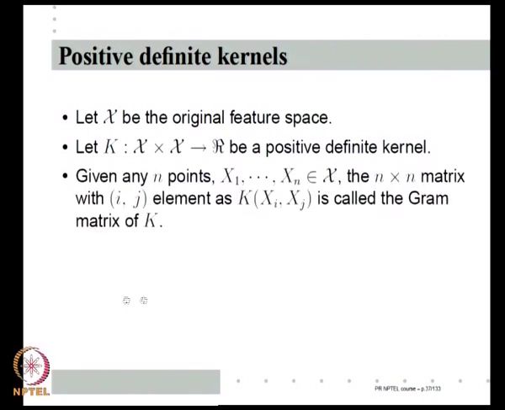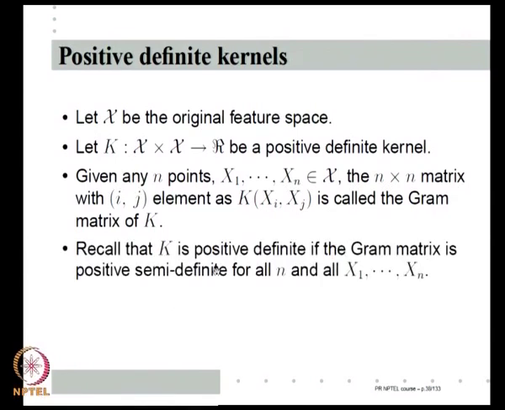Just to recall that, given any n and n points x1, x2, xn in my feature space, the n by n matrix whose ijth element is k xi xj is called the gram matrix of k. So, if I take all the xi xj's and arrange them as an n by n matrix, it will be a symmetric matrix, and recall that k is a positive definite kernel if the gram matrix is positive semi definite, that is its quadratic form is always greater than or equal to 0 for all n and all points x1 to xn.